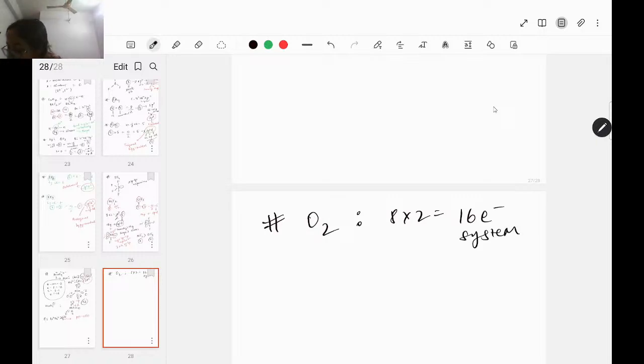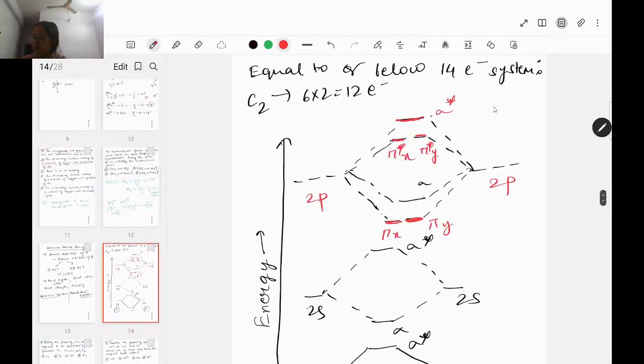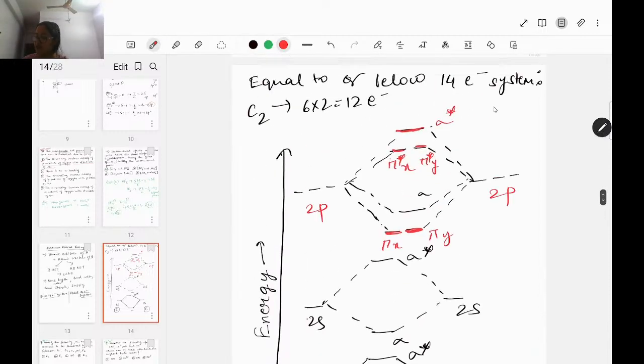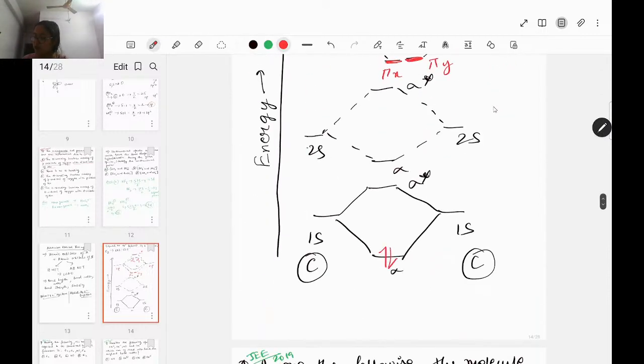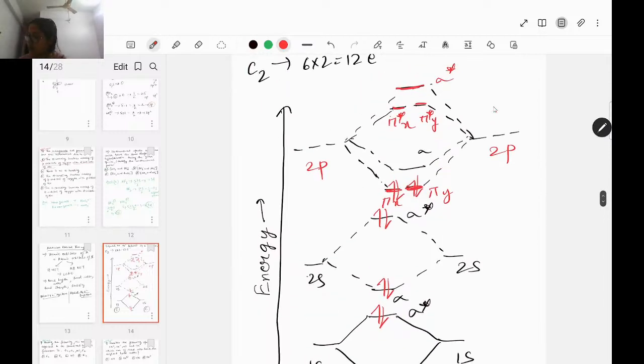Okay, one thing I did not discuss in the carbon molecule is the electron placement. There were only 12 electrons: 1, 2, 3, 4, 5, 6, 7, 8, 9, 10, 11, 12. Now, since there are 12 electrons over here, what is the bond order of this C2 molecule?